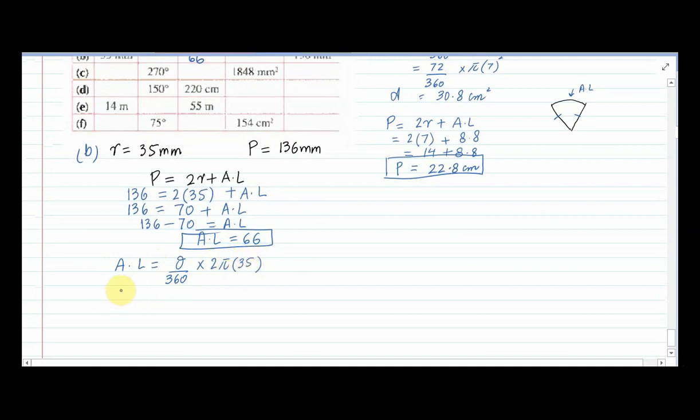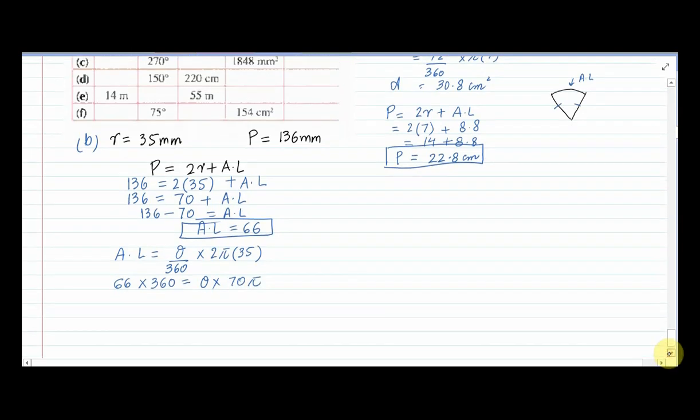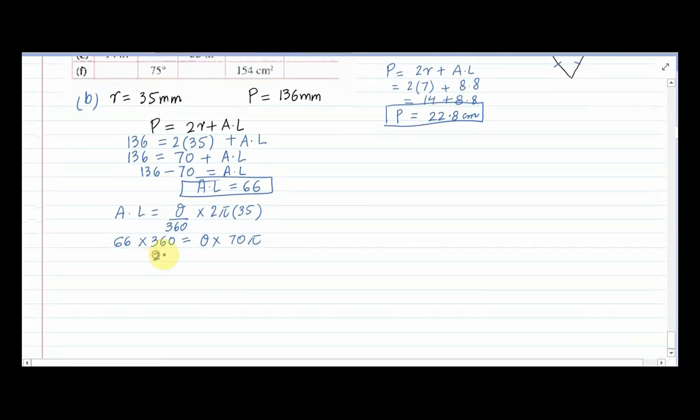Arc length is known now, that is 66. 360 will be multiplied with 66, so it will be theta times 35 times 2, that is 70 pi. 66 times 360 is 23760, and this will be divided by 70 pi, which gives us the value of theta.